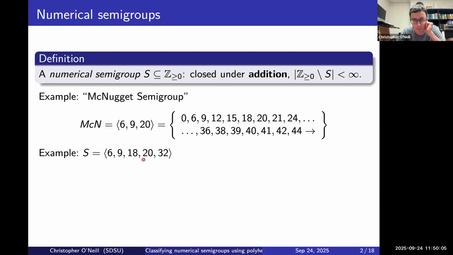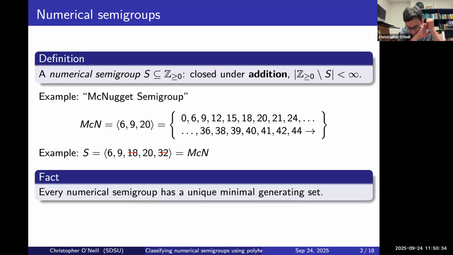Now, suppose McDonald's decided to add a couple of new pack sizes, like an 18 pack and a 32 pack onto their existing pack sizes. Effectively, this would end up not really changing the semigroup because 18 we were already able to get as, for instance, 6 plus 6 plus 6, and 32 we were able to get as 20 plus a couple of 6 packs. So in particular, we get back the same semigroup, the McNugget semigroup.